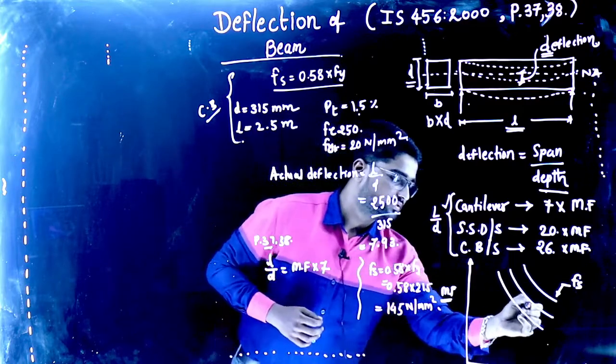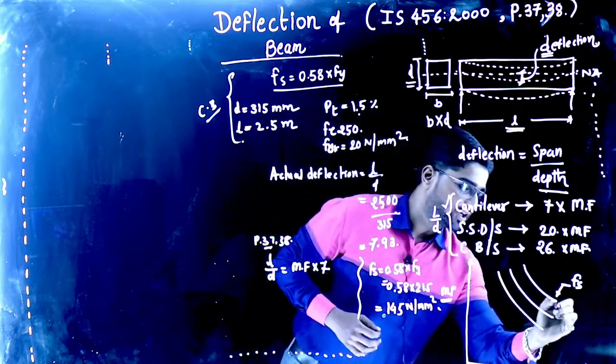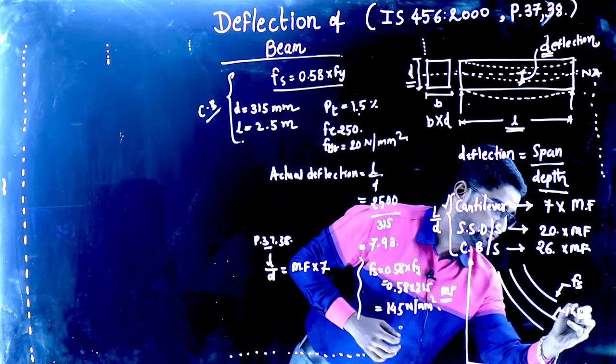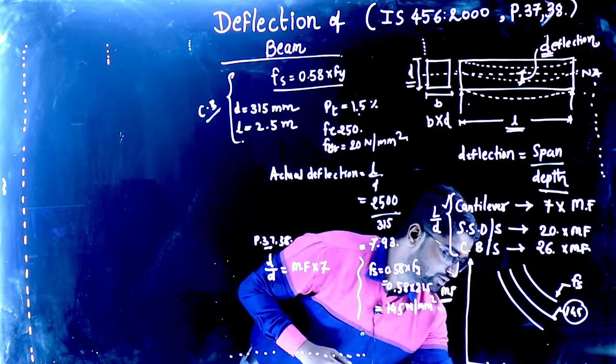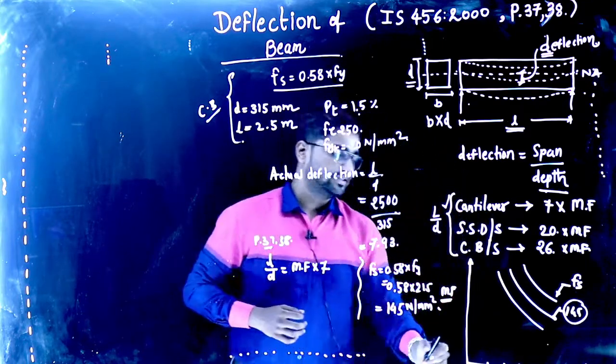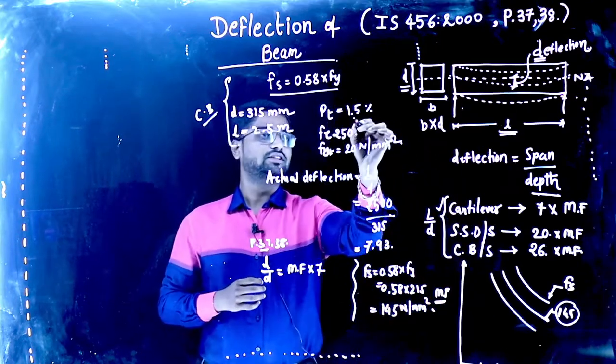Among these curves, we have one curve with a value of 145. According to 145, here we have values 1, 2, 3, 4 like this, and on this we have to consider 1.5.